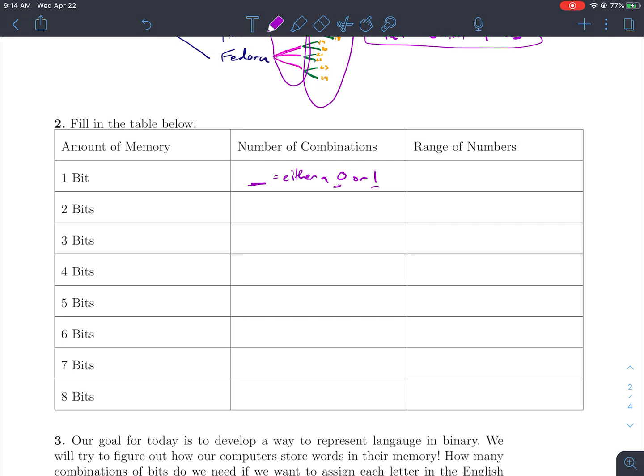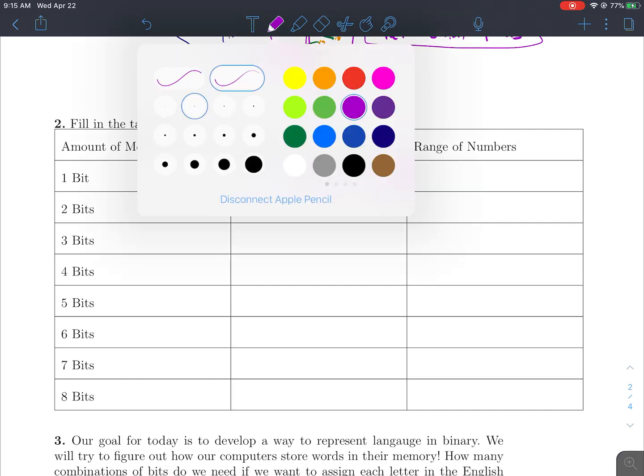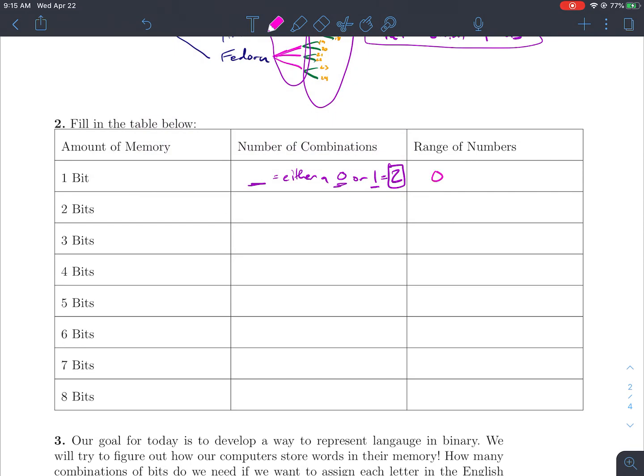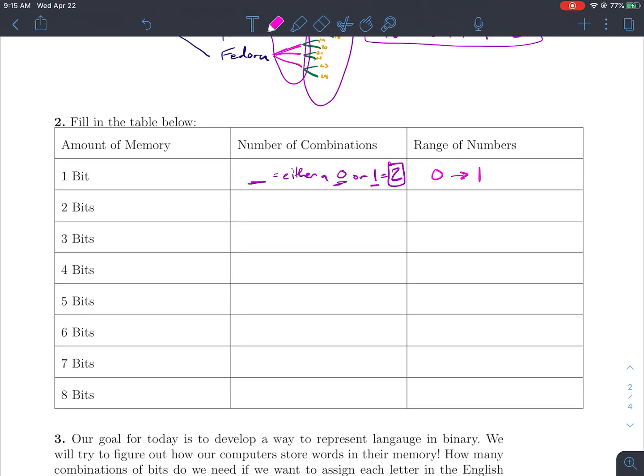It's either going to be a 0 or a 1, which will be two possible combinations. And if we think about the range of numbers that we can represent, if we have two combinations, that's going to be all of the numbers from 0 to 1, because that is just two different numbers. We can't represent a 2 because we only have one slot, one bit.